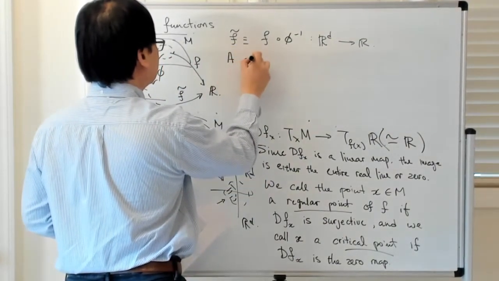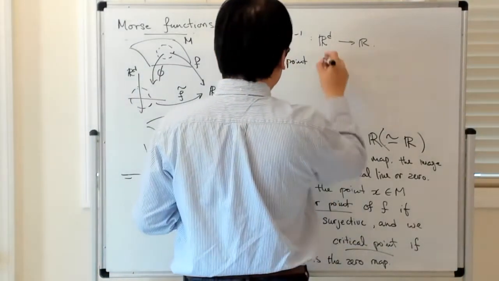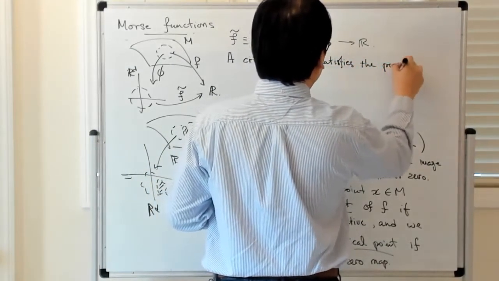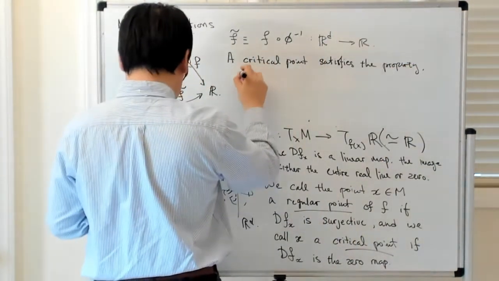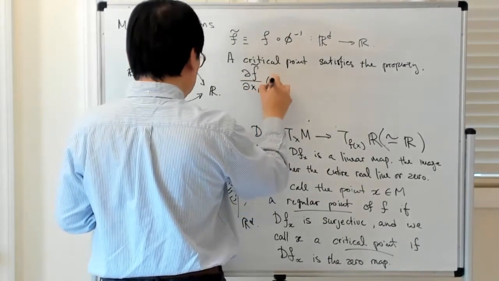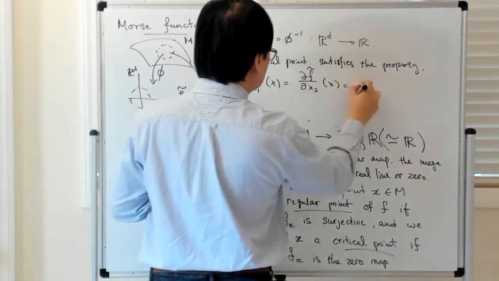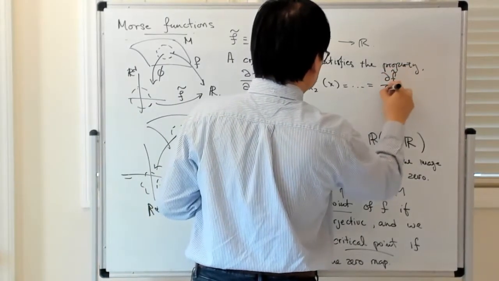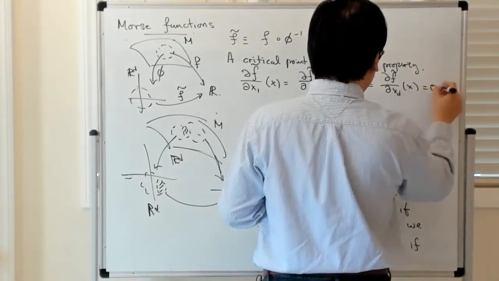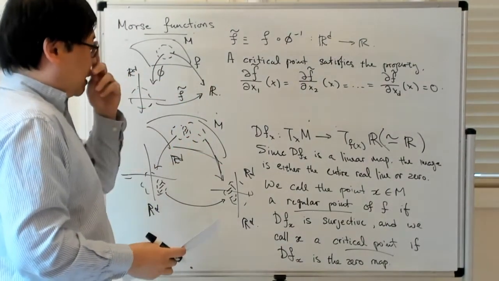A critical point satisfies the property that if you take the partial of this local coordinate representative with respect to, say, x1, evaluated at x, that's equal to the partial with respect to x2 at x, all the way up to xd at x, since there's a d-dimensional space, and that's equal to 0. So that means all the partial derivatives of the local coordinate representative of the function f vanish.